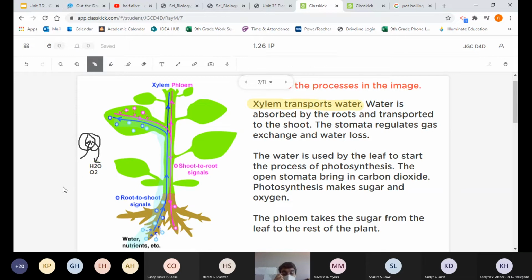This is much easier whenever I'm doing it on a board. So the stomata is open. If the stomata is open, water vapor is leaving out, and so is oxygen. But this is the principle of transpiration, right? All the water from the roots coming up through the stem, out through the leaves. Think of it kind of like one of those water parks, like when you're going down one of those really big slides.